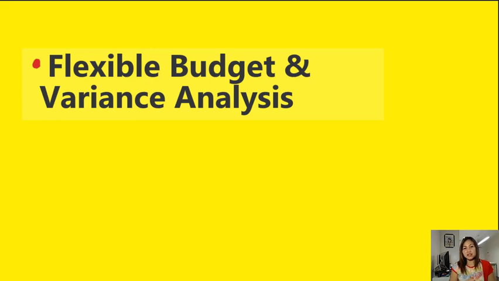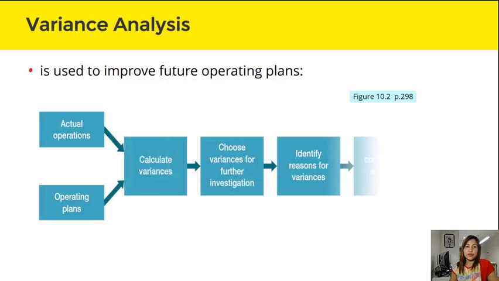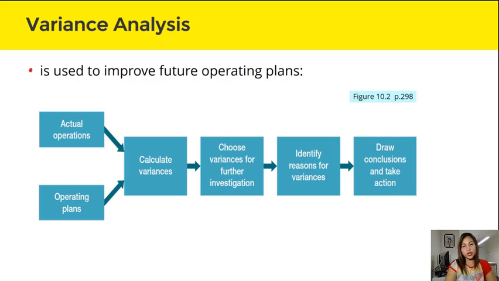So let's discuss flexible budget and variance analysis. Variance analysis is used to improve future operating plans. So the actual operation is compared with the budgeted or forecast operating plans. So you compare the plans and the actual results. Once you highlight the difference, this is what we call variance.